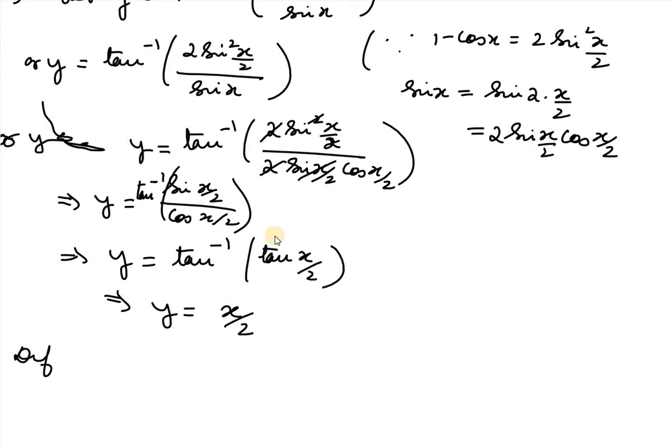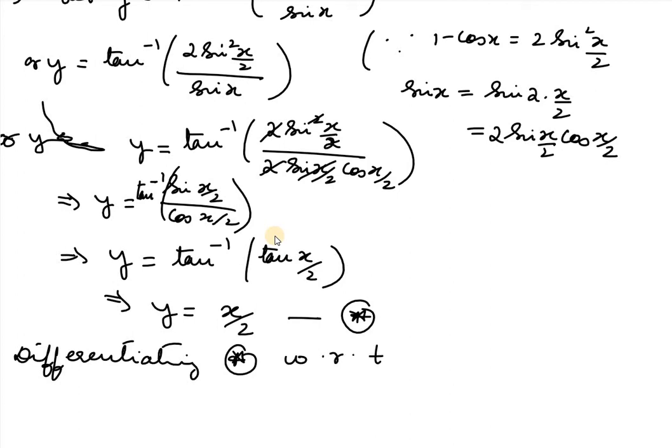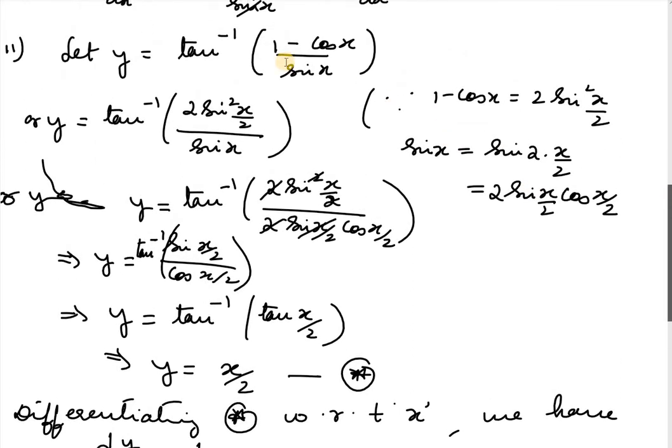So differentiating this one, let me name this as equation star. Differentiating star with respect to x, we have dy dx is equal to what? What is differentiation of x? It is 1, and since half is there, it will become 1 by 2. So therefore, finally, what is the differentiation of that function y is equal to tan inverse of (1 minus cos x) by sin x?